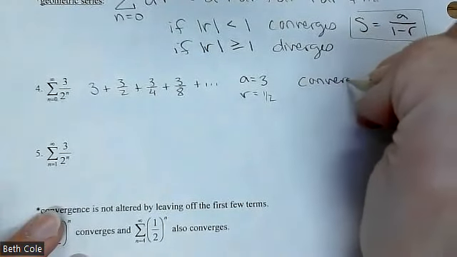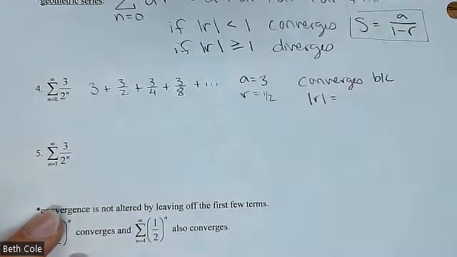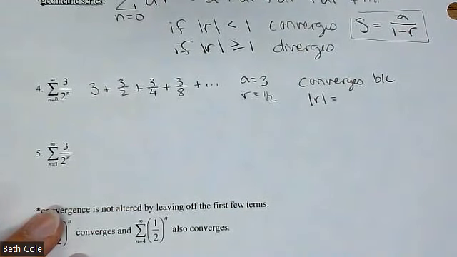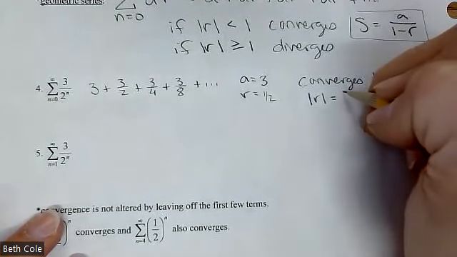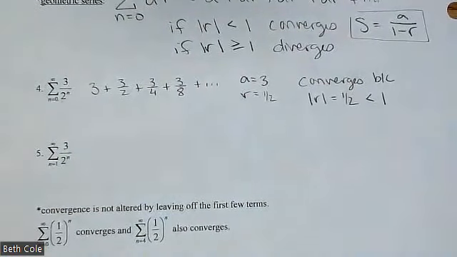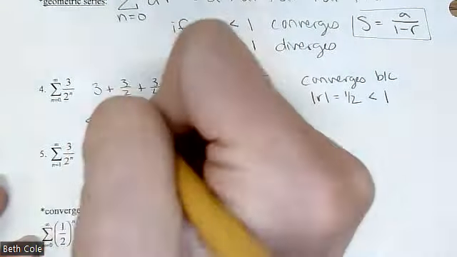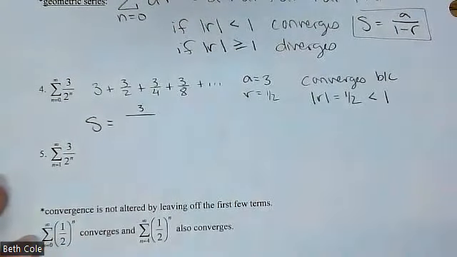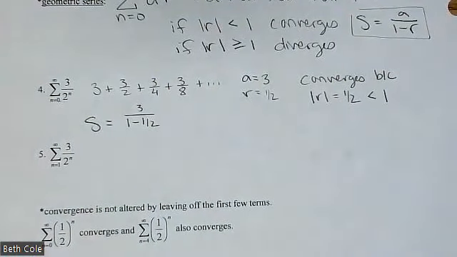So we're going to say converges because the absolute value of r equals 1/2, which is less than 1. Good. So we can actually get the answer. Cool. It would be S equals 3 over 1 minus 1/2. It's a over 1 minus r.